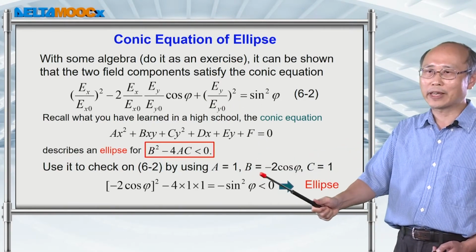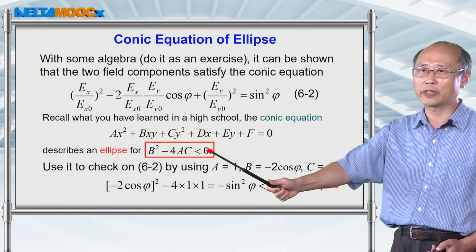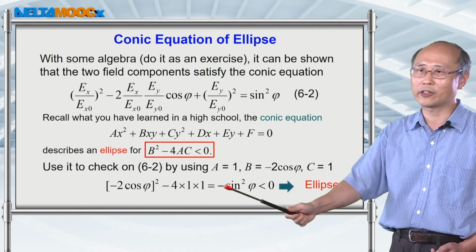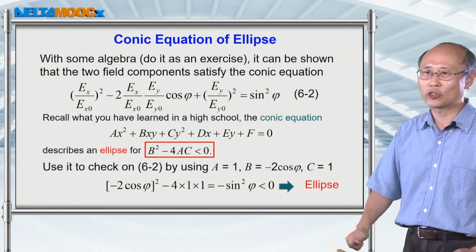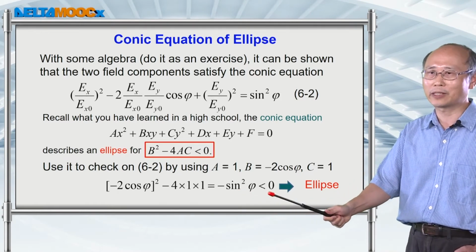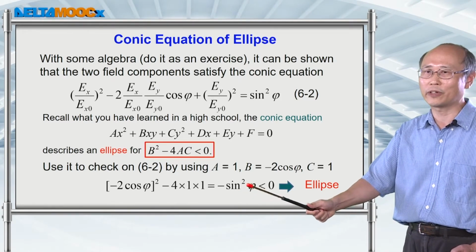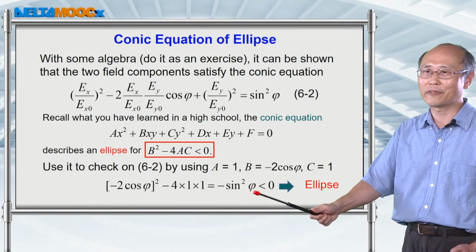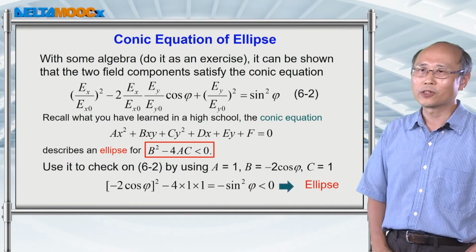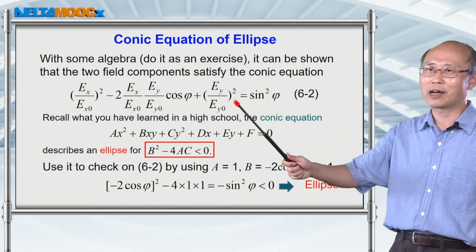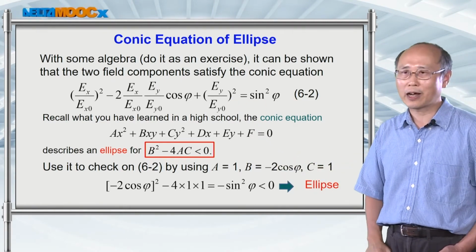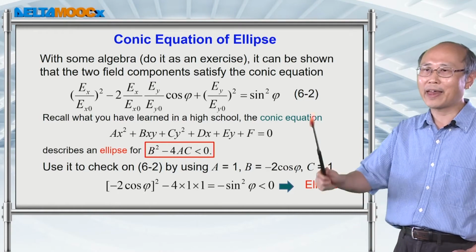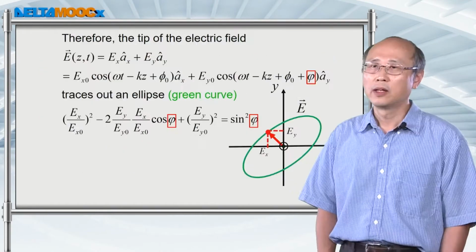And you just put this a, b, c into this expression, and the calculation gives you minus sine square phi. And for sure, this term is going to be less than 0 because you have a square here. So it's always a value less than 0. So this expression, in fact, tells you a trace on the xy plane that is an ellipse.